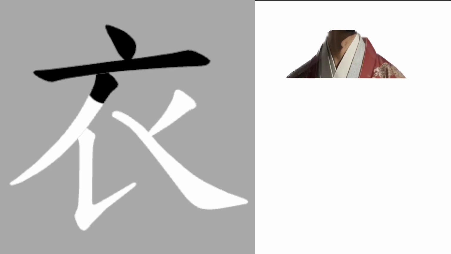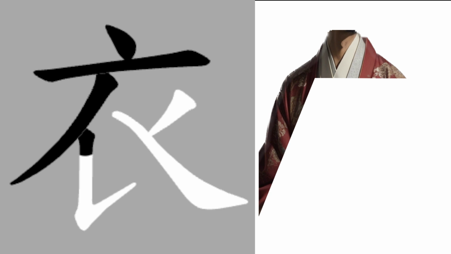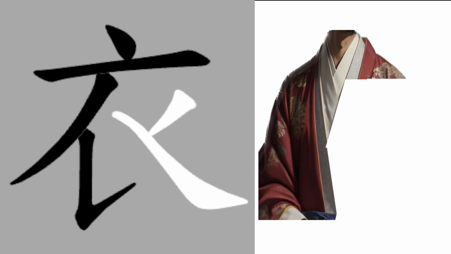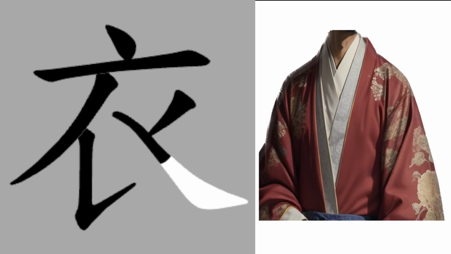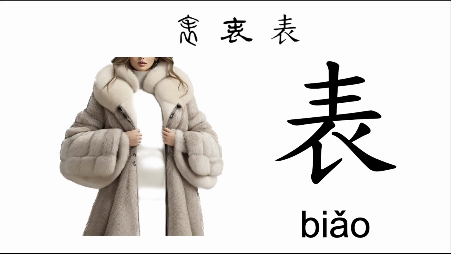Now, let's compose 表. Begin with 2 horizontal lines to denote the fur on the exterior of the garment, following the writing method of clothes. Substitute the trademark symbol with a vertical line, intersecting the fur delineated by the 2 horizontal lines.